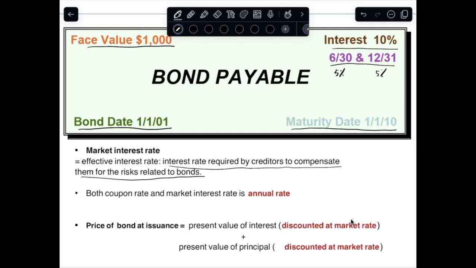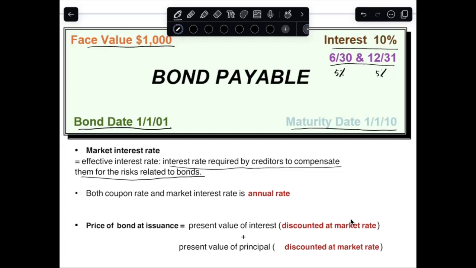It means you lend money to this company or the government and it gives you like 10%. Why should it give you interest? Because if you lend to someone else, to the market, you have the risk of losing the $1,000. So to compensate for the risk, you will ask for some interest rate.